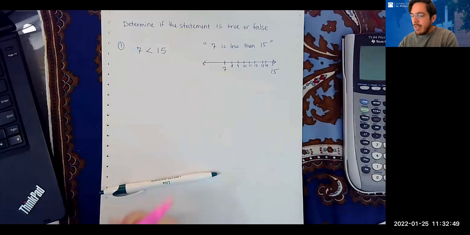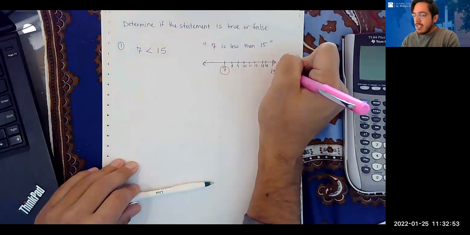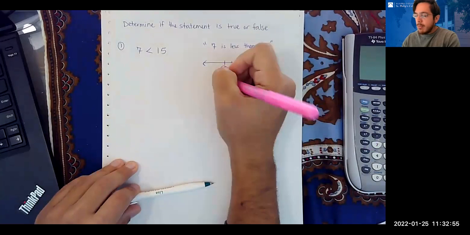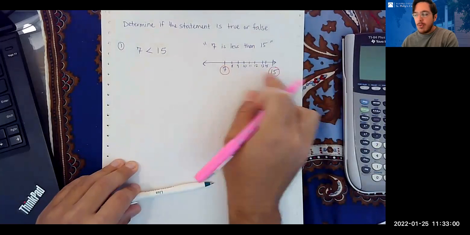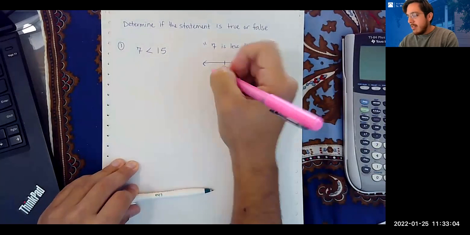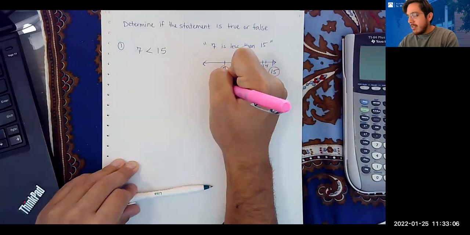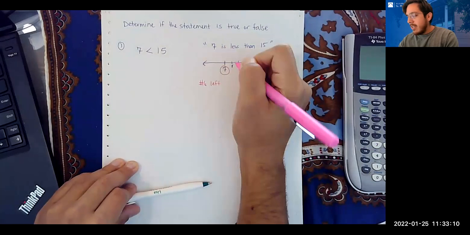And we can determine that 7 is lesser in value compared to 15 because of the two numbers that we're comparing, the one on the left has the smaller or the lesser value. So numbers on the left have lesser value.